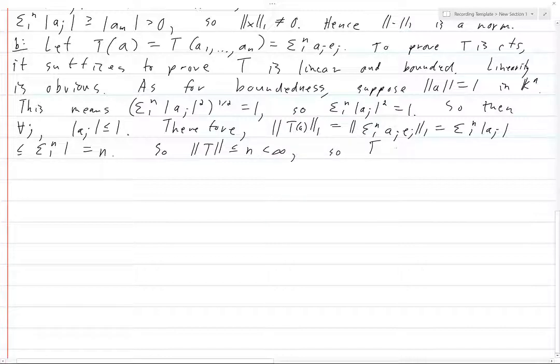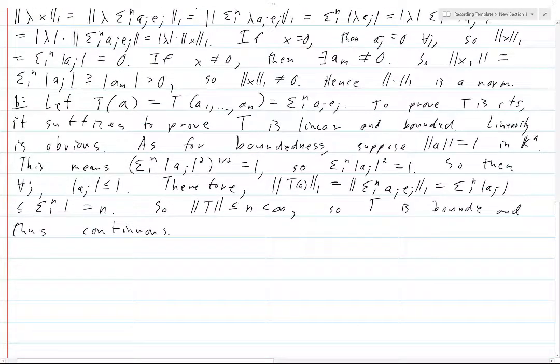So T is bounded and thus continuous. Right? So that's that. Now we want to prove another thing.